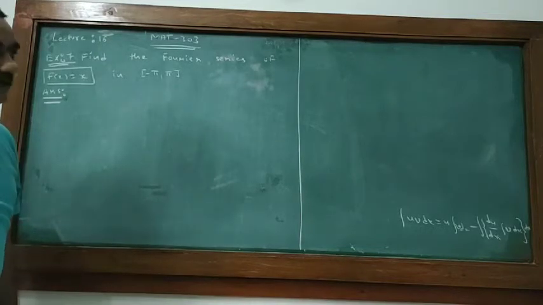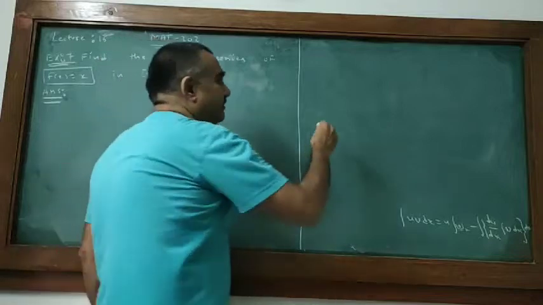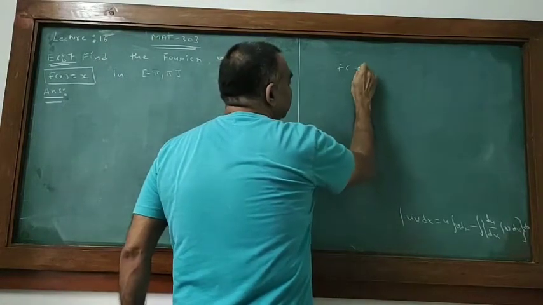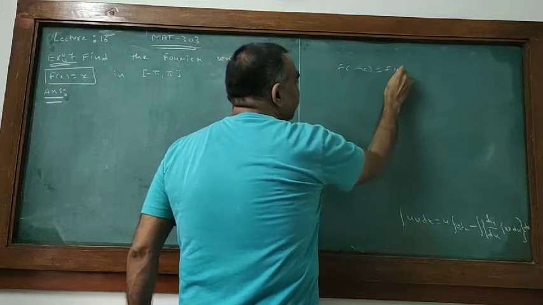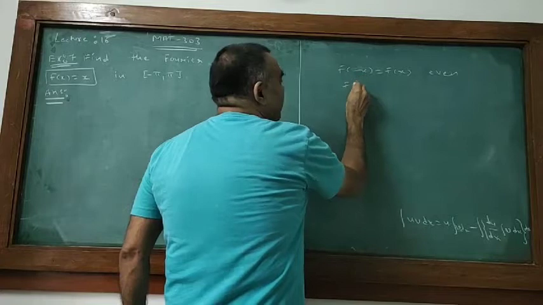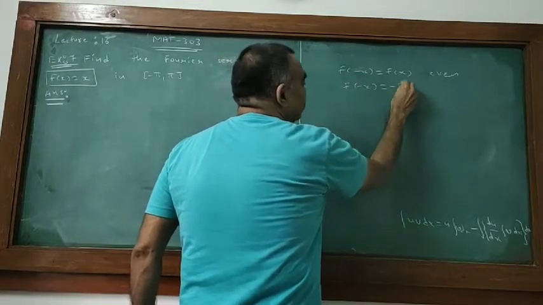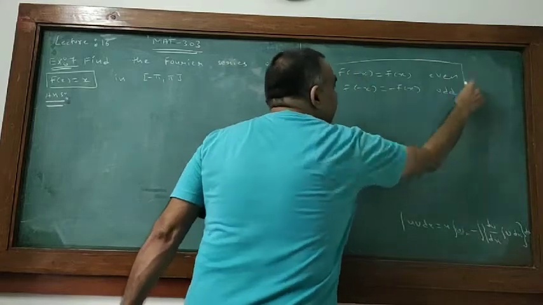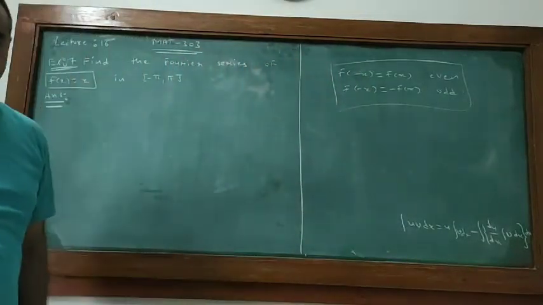You know what is odd and what is even. The function for which f(x) equal to f(-x) is an even function. The function for which f(-x) equal to minus f(x) is by definition an odd function.